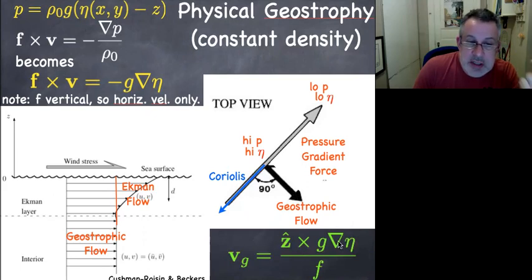So this tells us that geostrophic velocity in a constant density ocean flows in a direction perpendicular to the gradients of sea surface height, which means that it flows along the isolines of sea surface height. If you mapped the sea surface height contours, it would be flowing around and around on those sea surface contours. It also varies with f in a funny kind of inverse way, which means that this response is different at different latitudes.